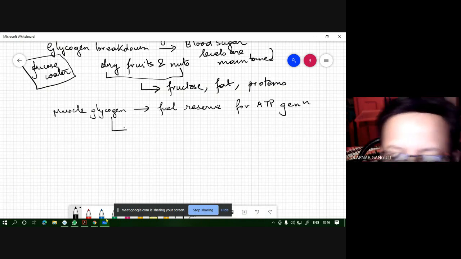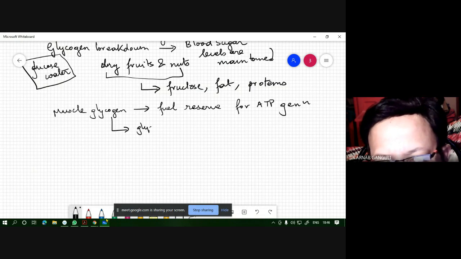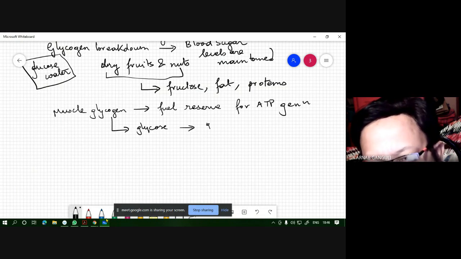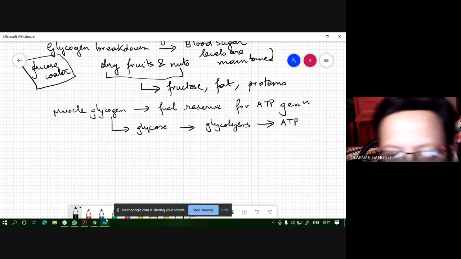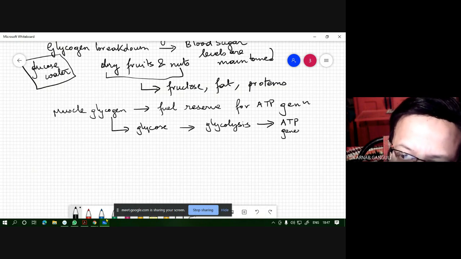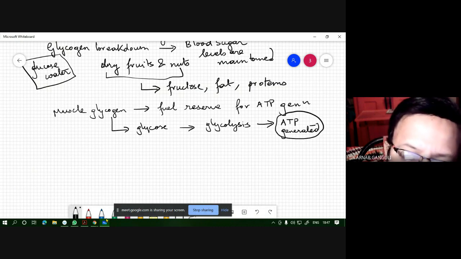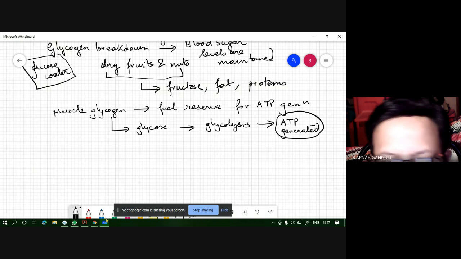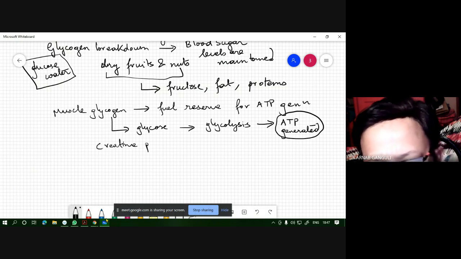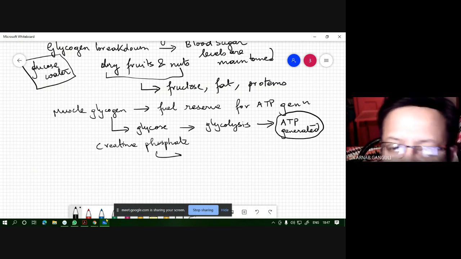Glycogen breaks down into glucose and glycolysis, and you have ATP generated. When this ATP also falls short, at that time creatine phosphate starts to give energy.